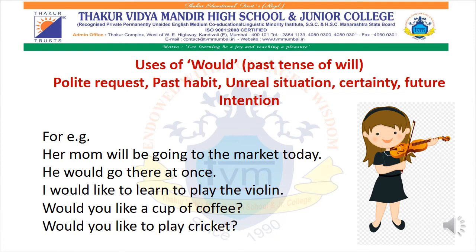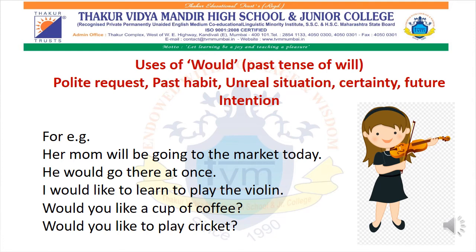I would like to learn to play the violin. So, future intentions. I would like to learn how to draw. Okay, future intentions. So would is used. So we see that in these sentences, it is telling us about future intentions.